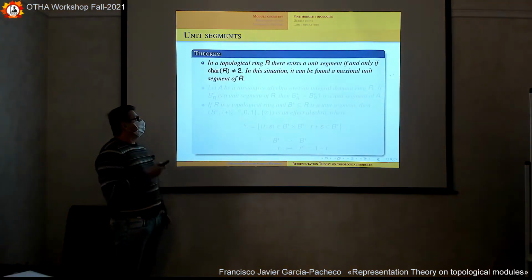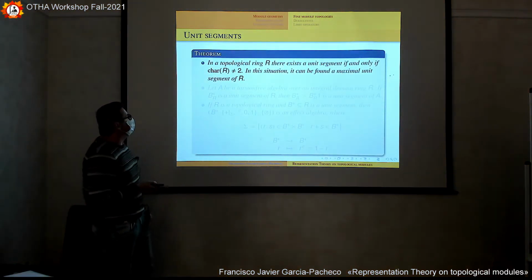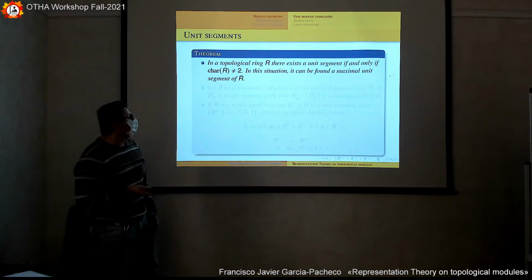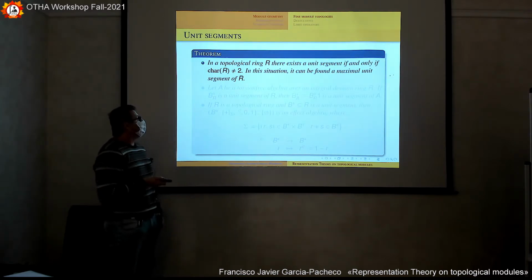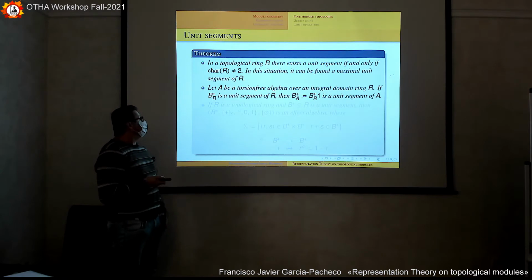Well, it's easy to see that in a topological ring there exists a unit segment if and only if the characteristic of the ring is different from 2. In this situation, a maximal unit segment can be found. And well, some examples.